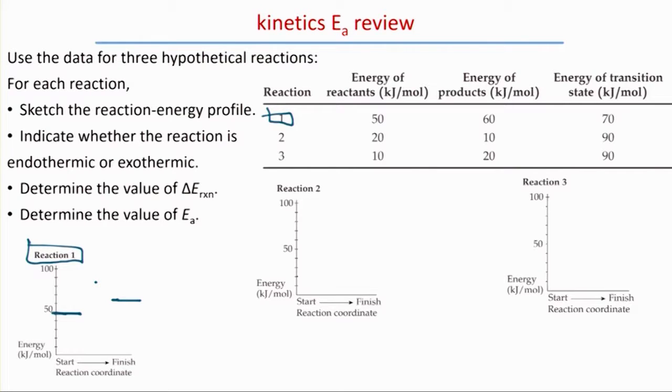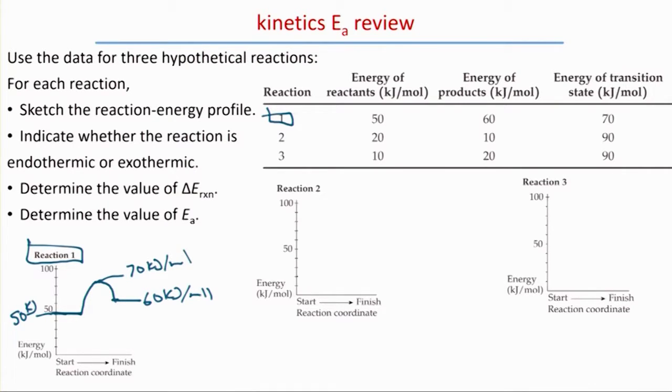So what does this look like? We're going to go like that. Okay, we have that energy value there. So this was 50 kilojoules. This is at 60 kilojoules per mole. And this right here is 70 kilojoules per mole.